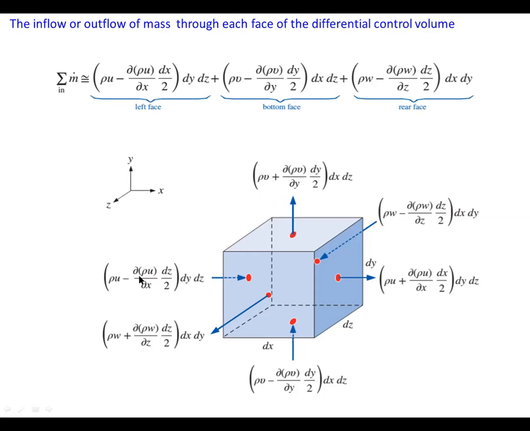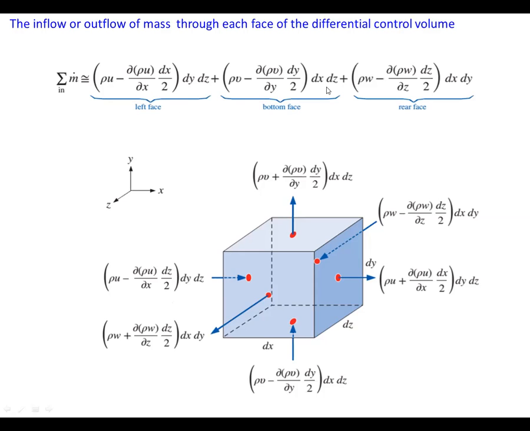Here, leaving means minus dou rho u by dou x into dx by 2.